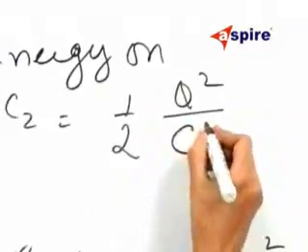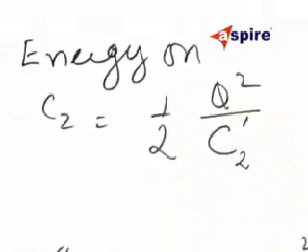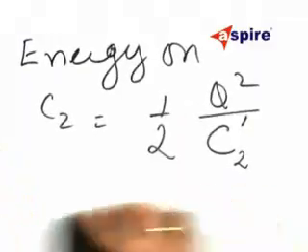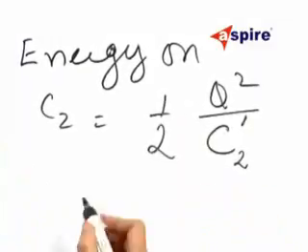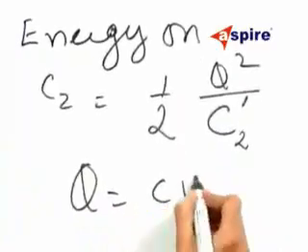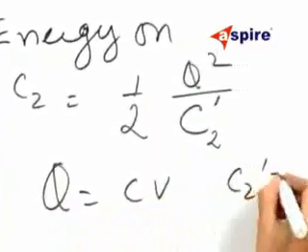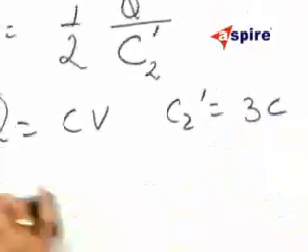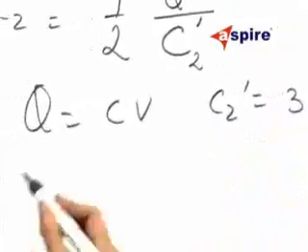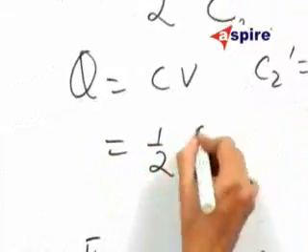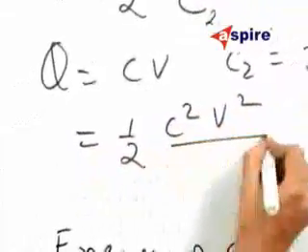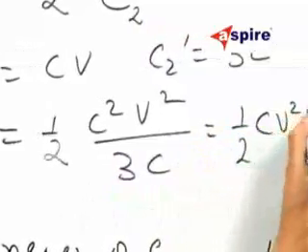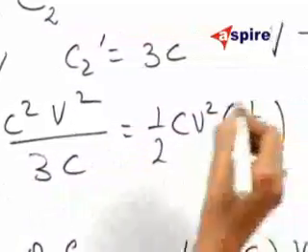Now you must write C2 dash because the capacitance has changed. What is Q? Q is equal to CV, and C2 dash is equal to 3C. Substituting that here, the energy on C2 is half C square V square by 3C, so half CV square into 1 by 3.